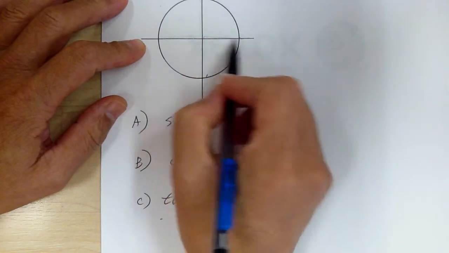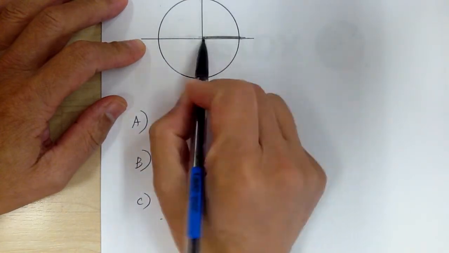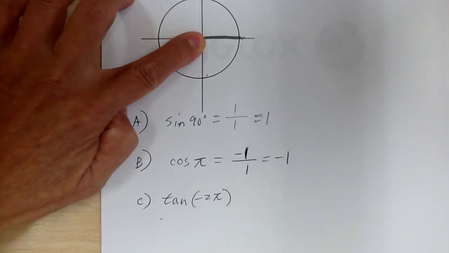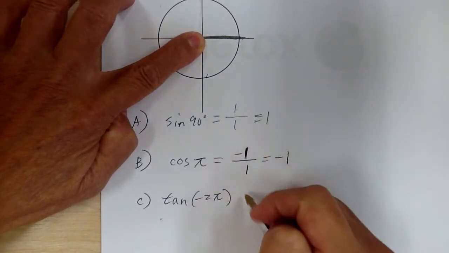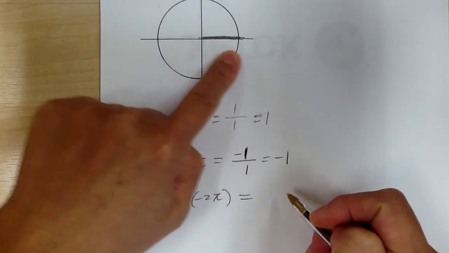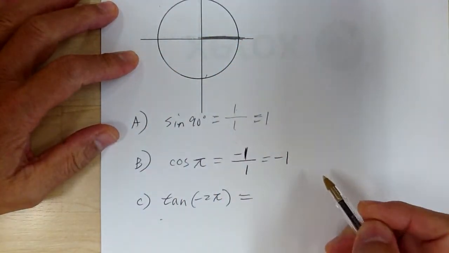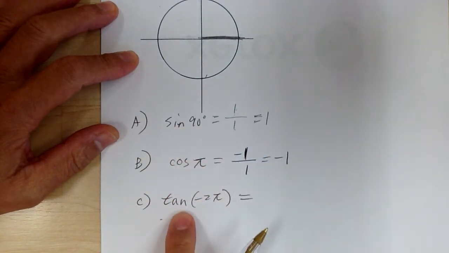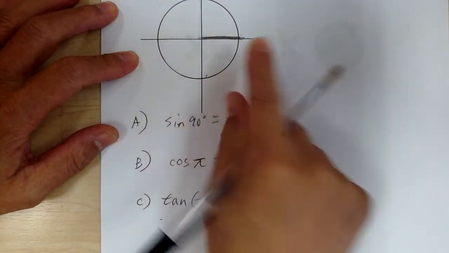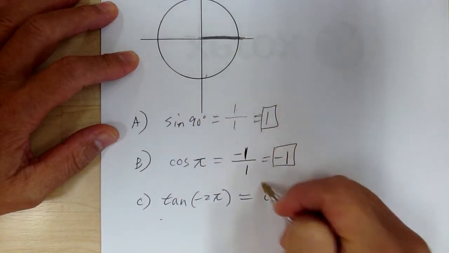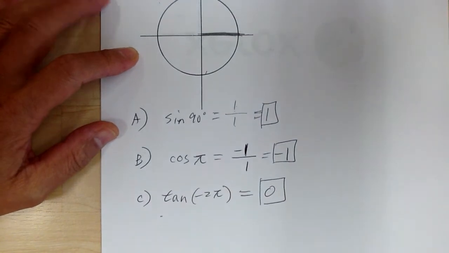So that's the position. In this case, the slope is equal to 0. Remember, tangent is slope. Once you get the point, you draw your reference line. This is for vertical, this is for horizontal, this is the slope. So the slope is 0, and that is your answer for tangent of -2 pi.